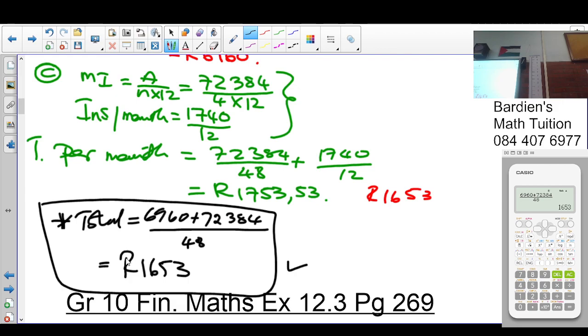So where I went wrong is 72,384 divided by 48. Let's check this. 72,384 and over 48, plus 1,740 over 12.